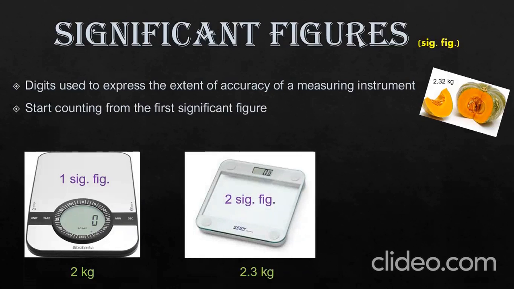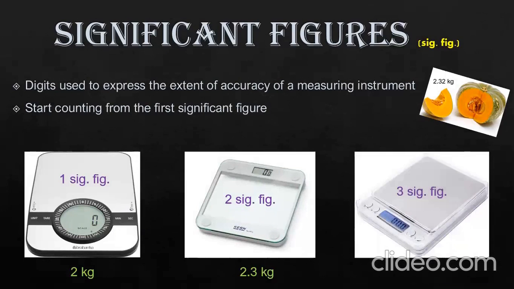And so this scale would tell us that the mass of the pumpkin is 2.3 kilograms. So guess what? We get a third scale, which can measure up to 3 significant figures. And this scale would have been able to give us a more accurate mass for the pumpkin at 2.32 kilograms. So that's the whole idea for significant figures.